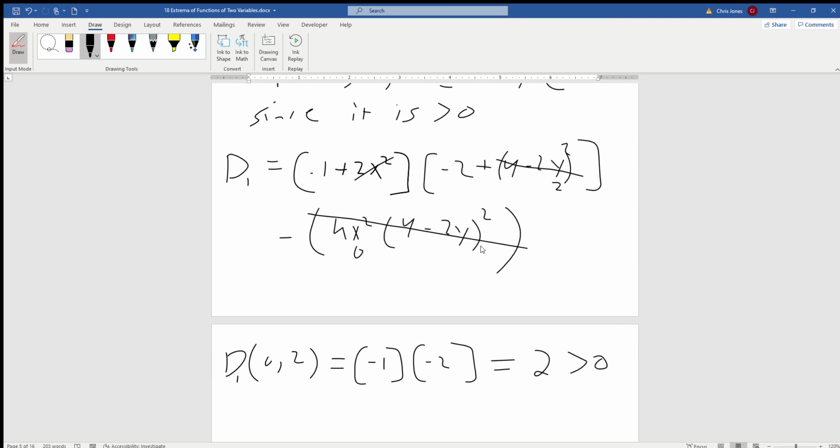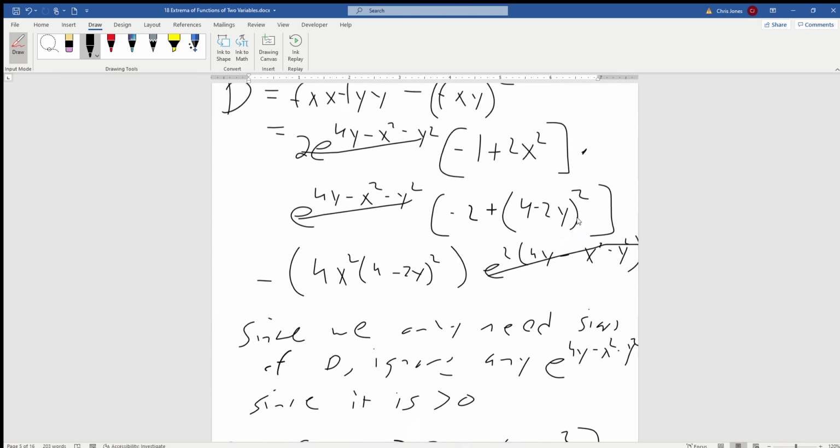And so remember, if for some reason your d is bigger than 0, then you have to go back and you have to remember what happens with fxx.